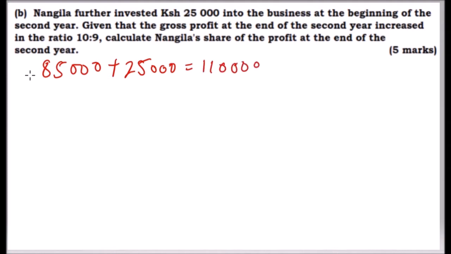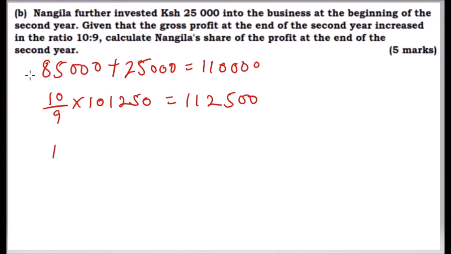So that is his new share. The profit increased by the ratio of 10:9. So we say they had obtained the profit of 101,250. You multiply by 10:9, and when you compute that using your calculator, you will get it is 112,500.